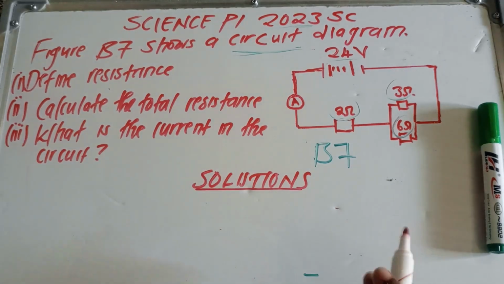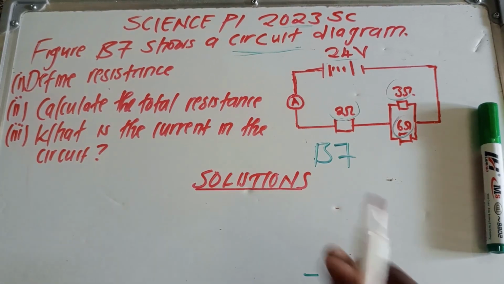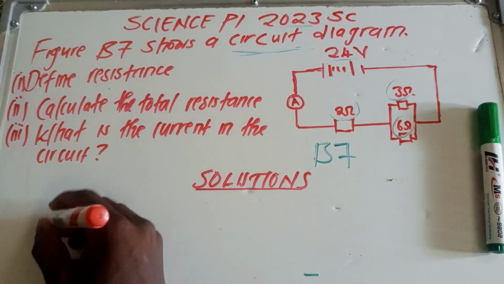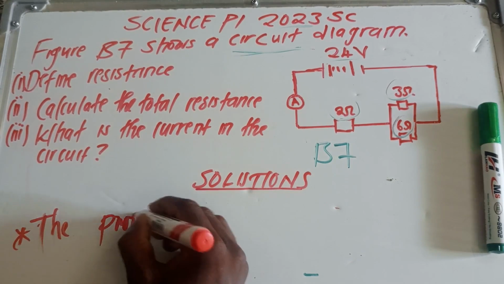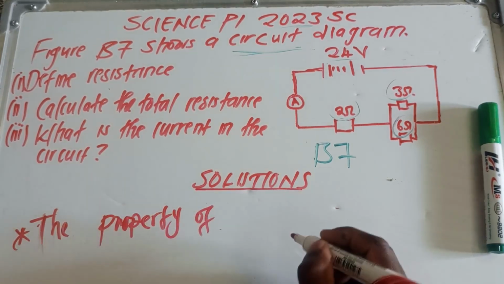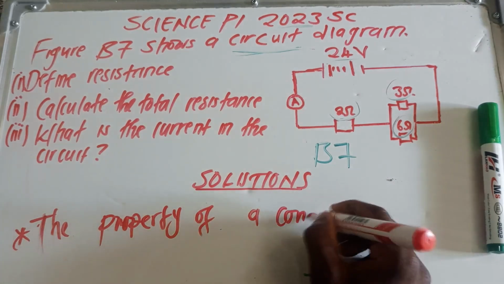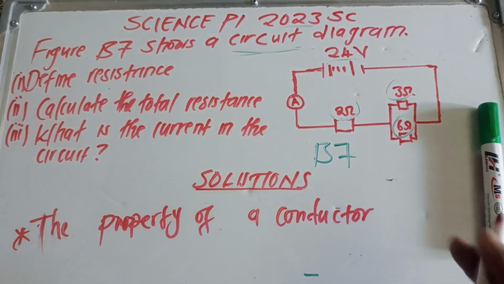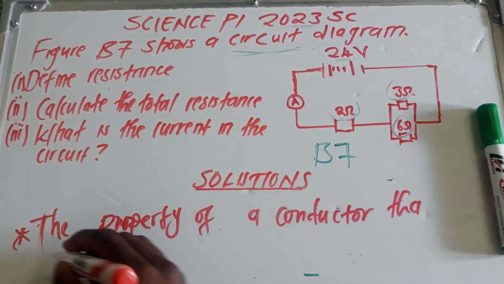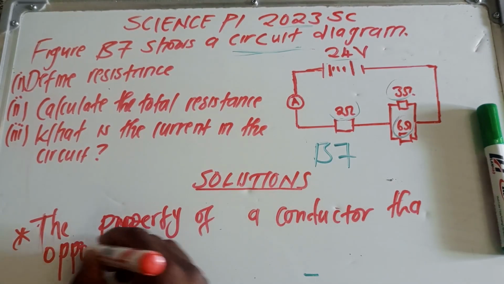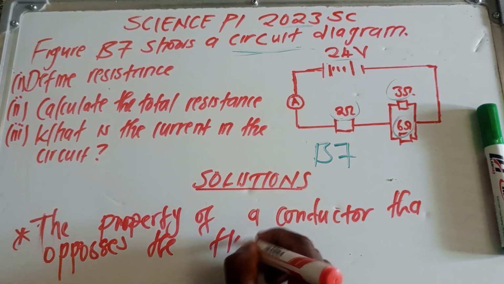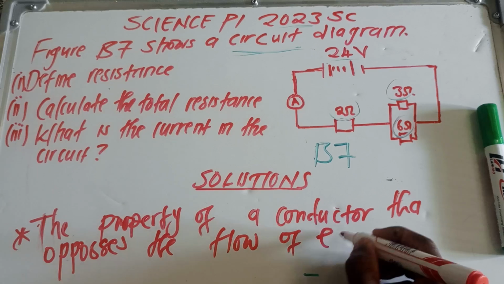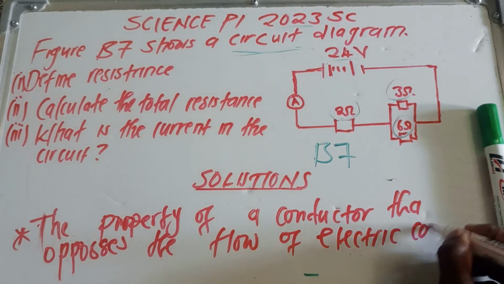They have asked us to give a proper definition of resistance. When we talk of resistance, you need to understand that we are just talking about the property of a conductor that opposes the flow of electric current. Okay, let me explain.